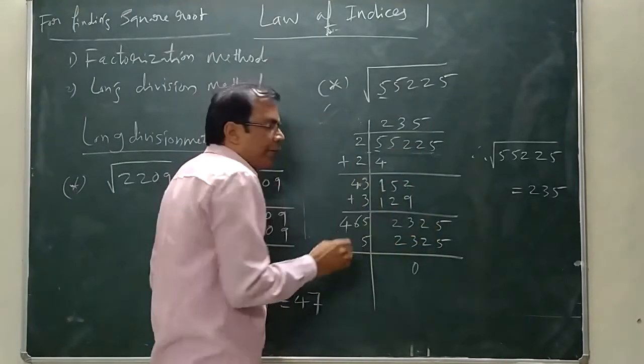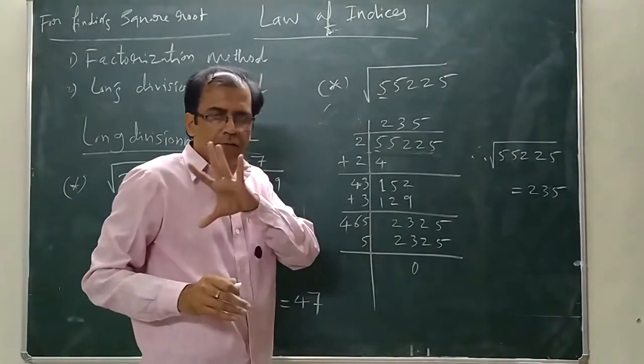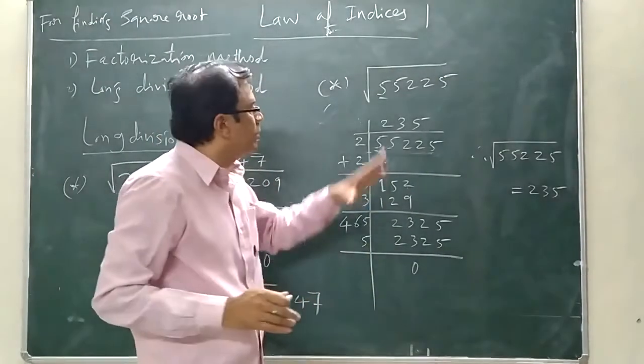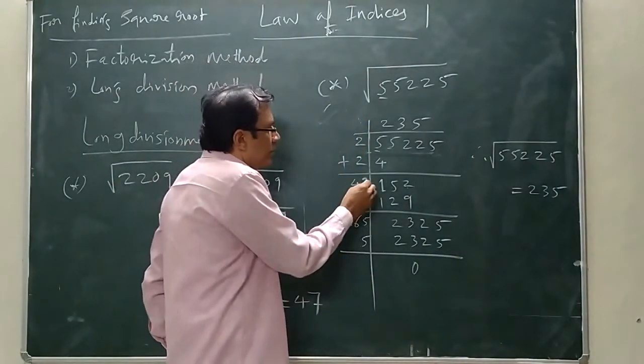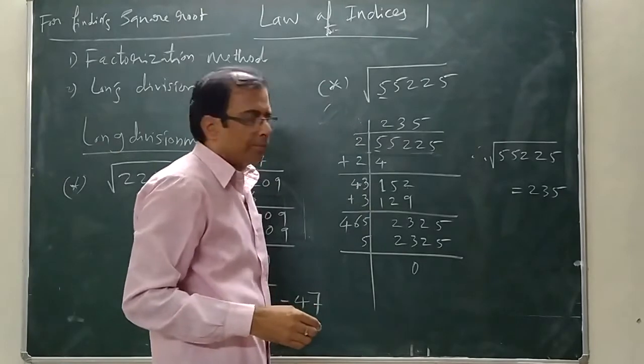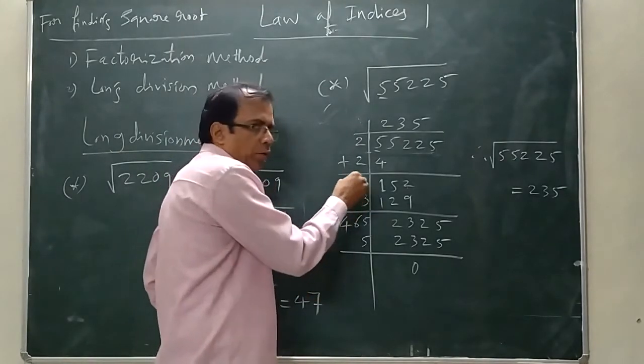Next step, again, as I already repeated, the same number you need to take twice. That is the principle of finding square root in the long division. That means 3 into 3, and the number becomes 43, and 3 will be multiplied to the whole.